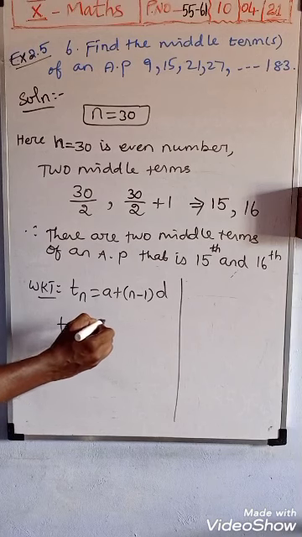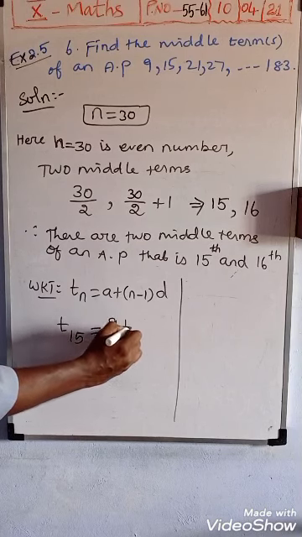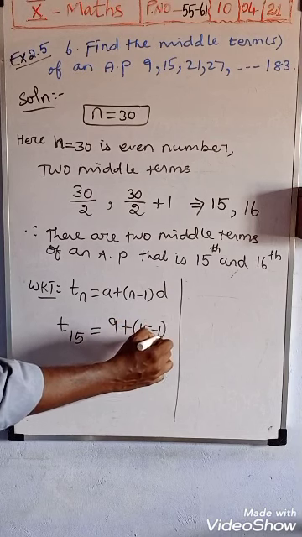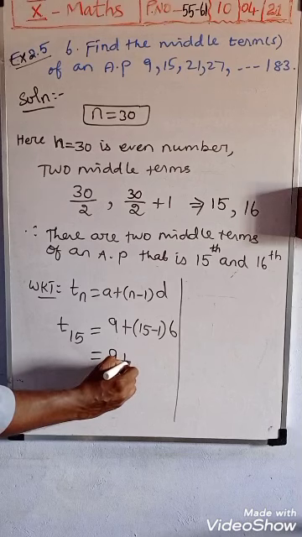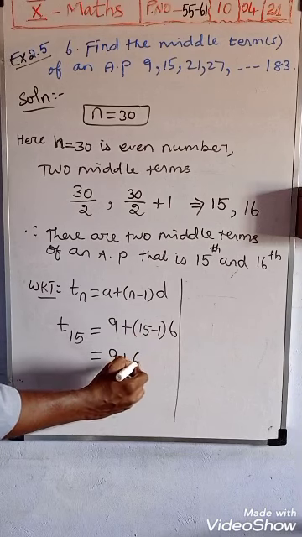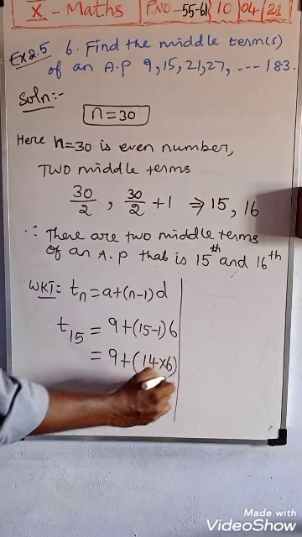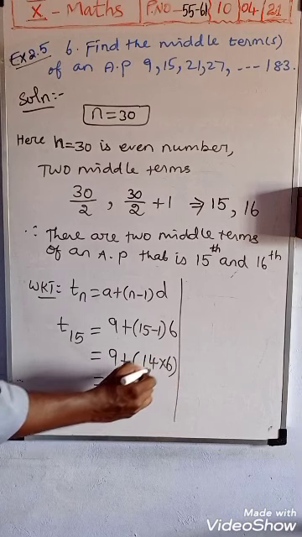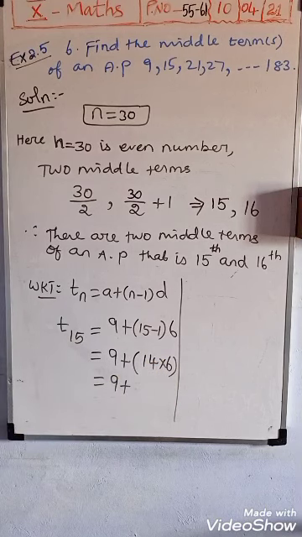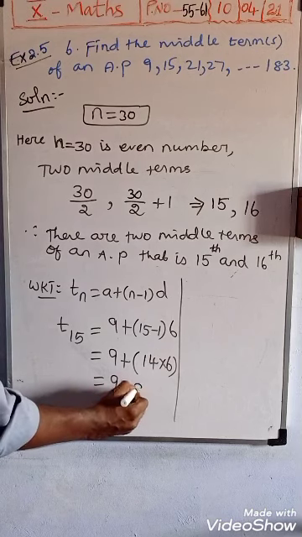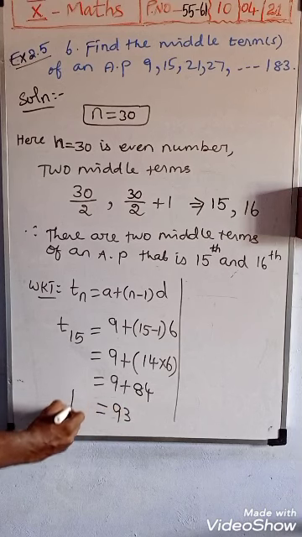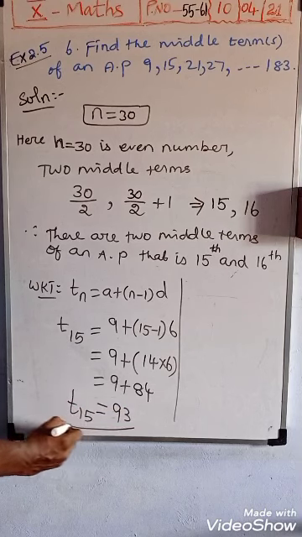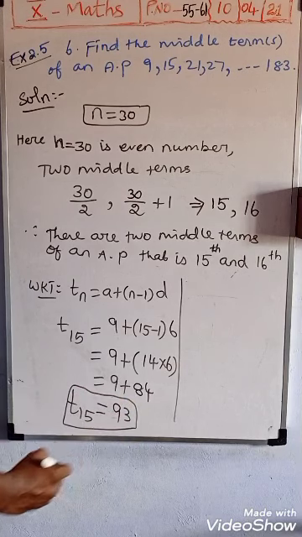T15 is equal to a value, already received, 9, plus 15 minus 1 into d, which we received as 6. Now 15 minus 1 is 14, 14 into 6 is 84. 84 plus 9 is 93. So the 15th term is 93.